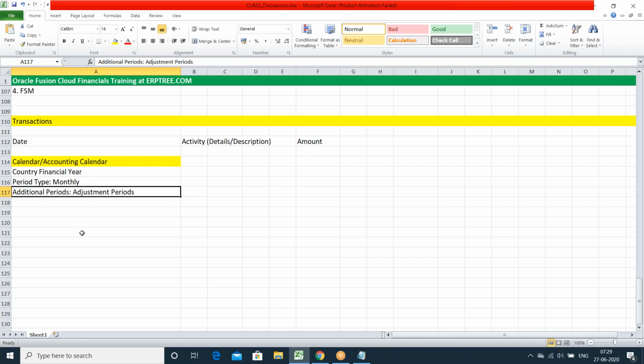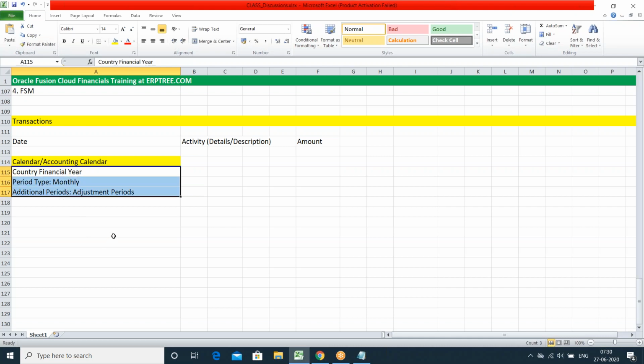Even if you suggest one adjusting period, that's a total of 13 periods along with the 12. If they want, they can use it, or else they can ignore it. But generally we recommend at least one adjusting period. If they seriously say they don't need it, then we have to accept. So these 3 points we have to remember.